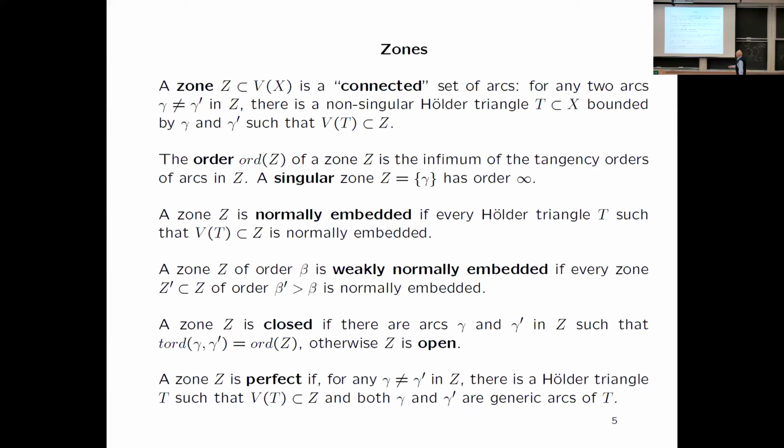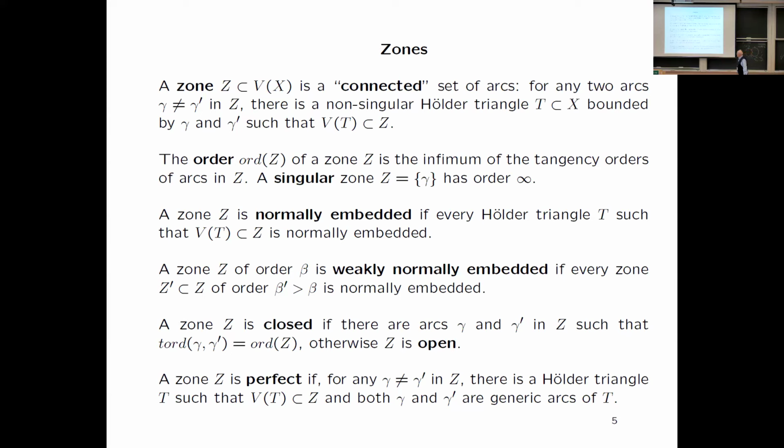And so the zone has an order, which is the minimal tangency order of arcs in it. And we also have this notion of a normally embedded zone. Again, normally embedded means that its inner distance is equivalent to its outer distance.